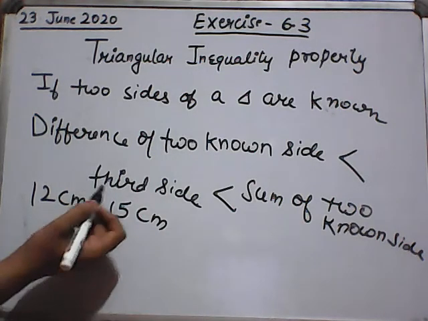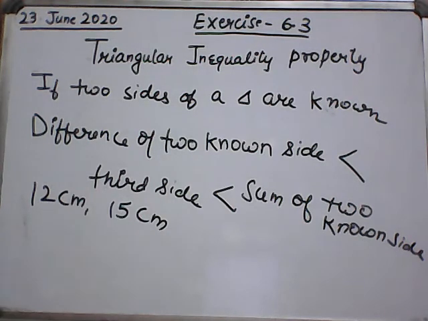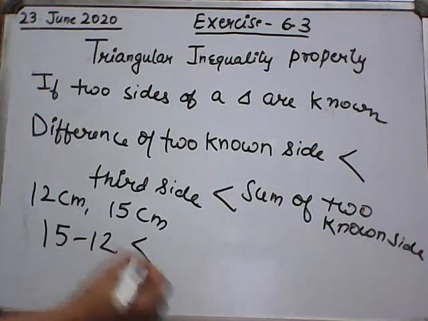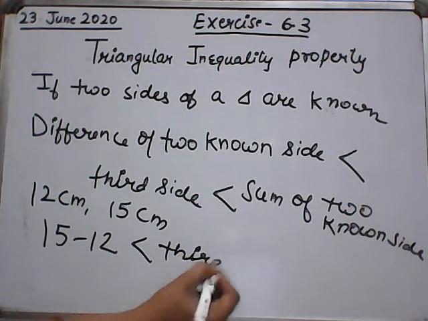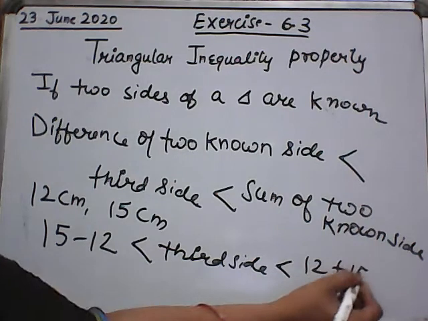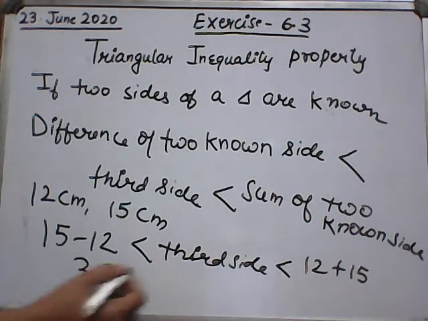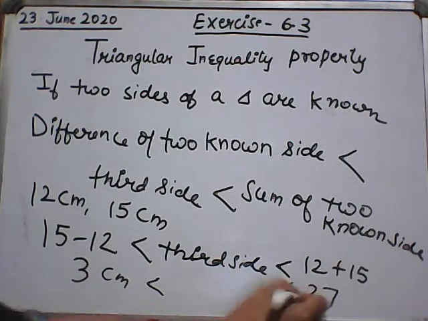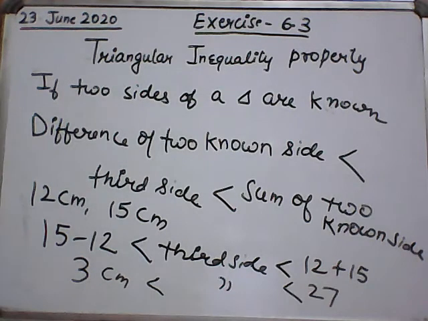You have to find between what values the third side lies. The difference of the two known sides, 15 minus 12, is less than the third side, which is less than the sum of the two known sides, 12 plus 15. So the third side lies between 3 centimeter and 27 centimeter. In this way you can find the range of the length of the third side.